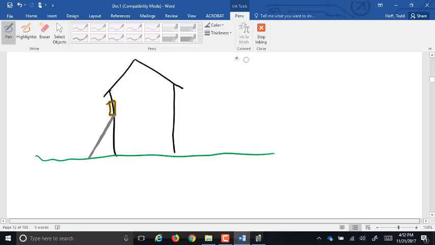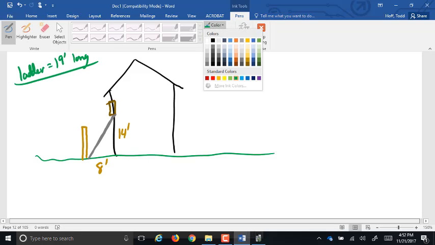Problem is, there is a fence built that is 8 feet away from the wall of the house. The height of the window is 14 feet. The ladder is 19 feet long. Will it fit?